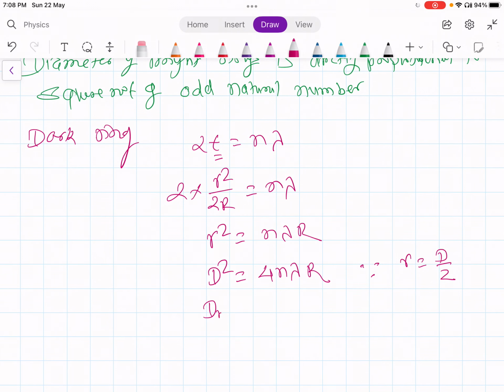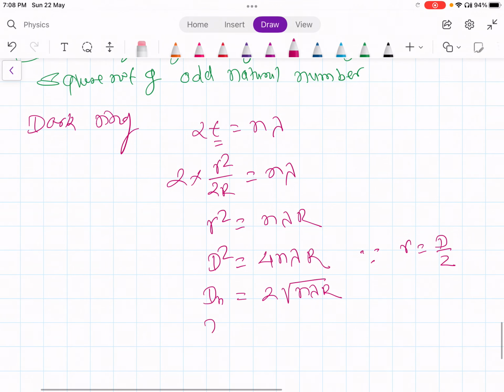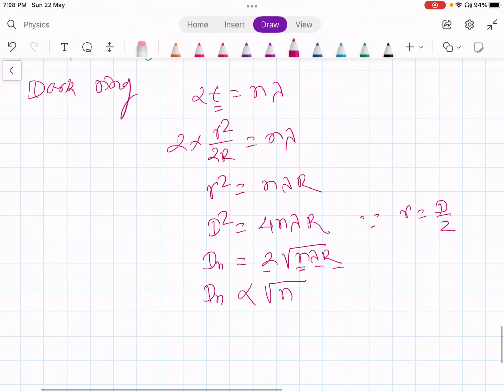Or I can write the diameter of the nth ring is equal to 2 into square root of n lambda R, or the diameter of the nth ring is directly proportional to square root of n, because lambda R and 2 are constant. The only variable is n, and n is a natural number.